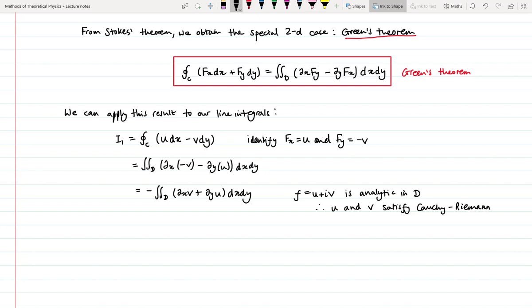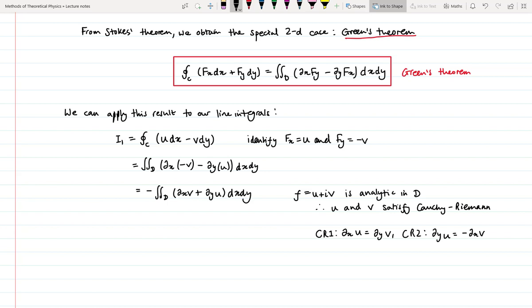As a refresher, our first Cauchy-Riemann condition is that the partial derivative with respect to x of u is the partial derivative with respect to y of v, and the second one is this.